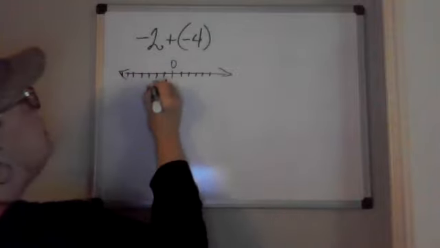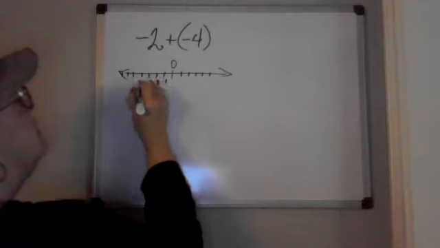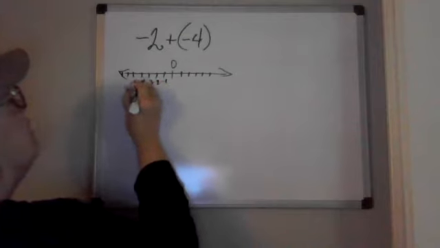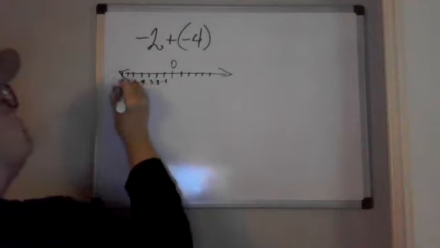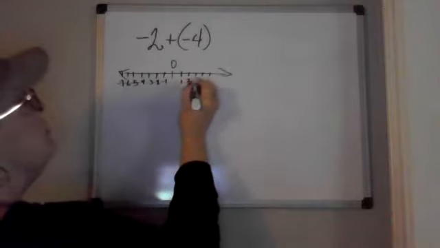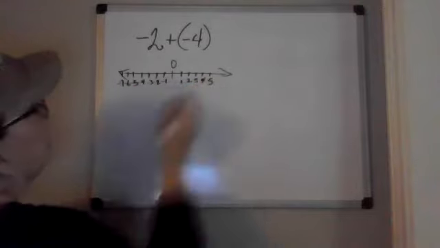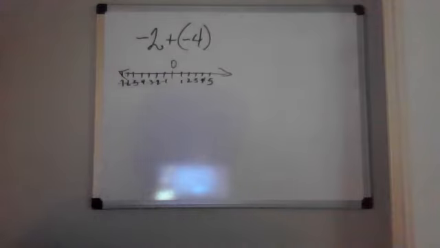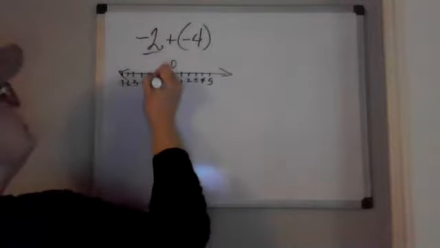Okay, -7 through 5 on the number line. So in this case, we learned yesterday, if we're going to use the number line, we start at -2. Start here.